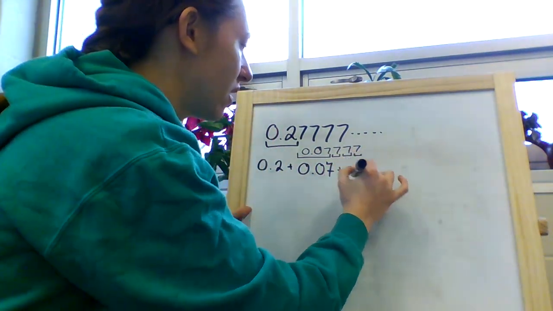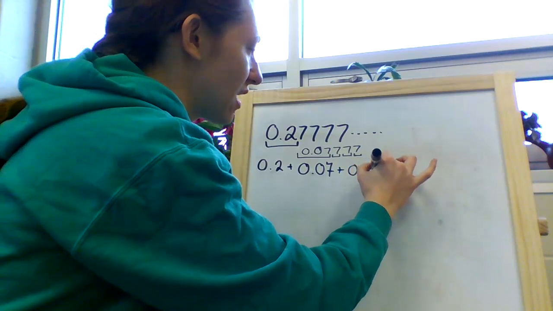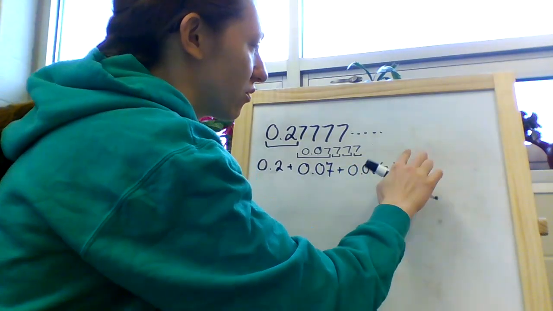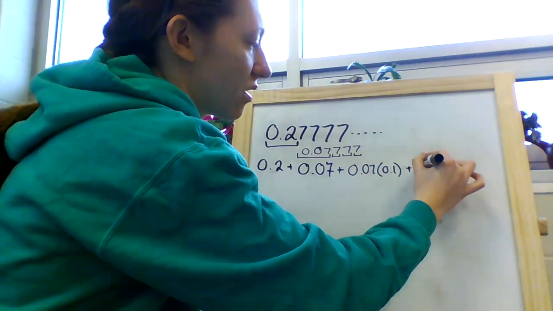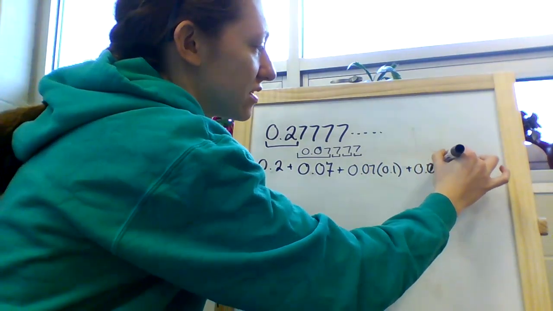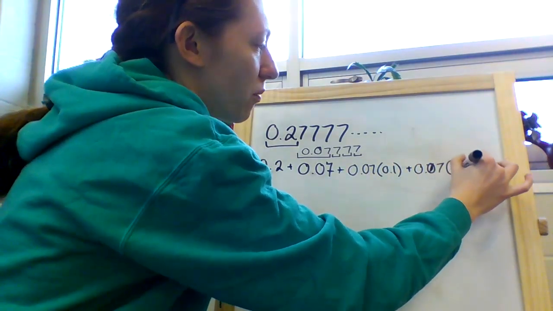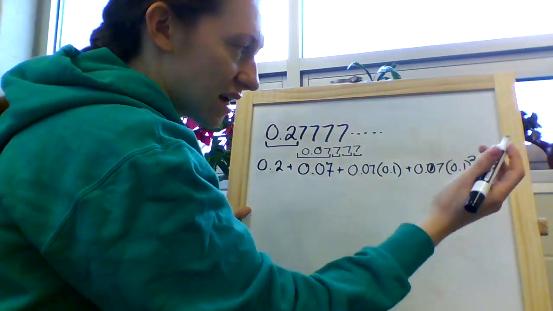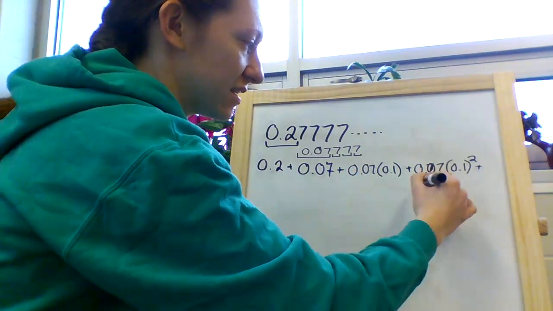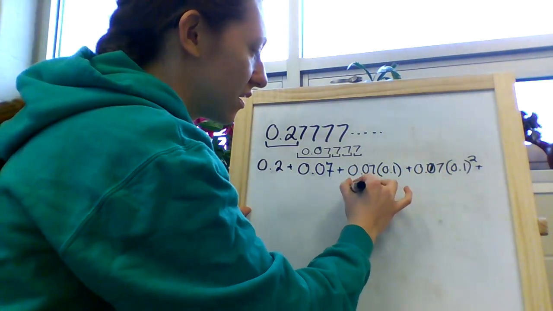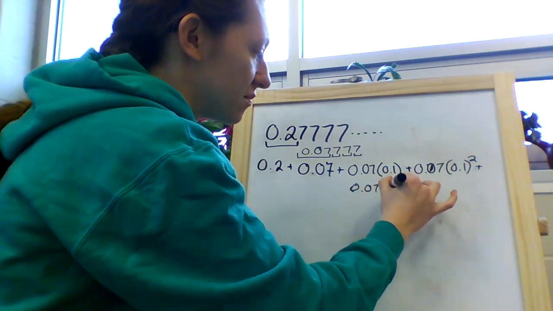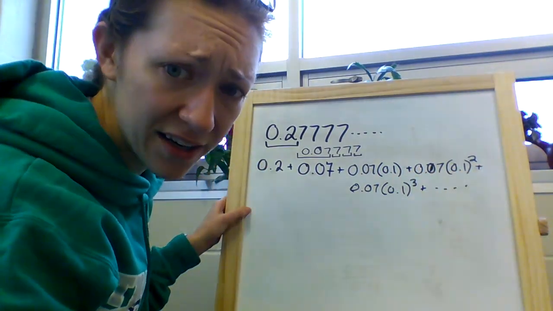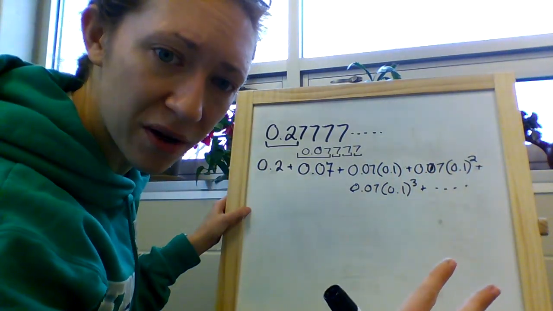All right, so 0.07 times 0.1 squared plus, just 0.1 to start off, 0.07 times 0.1 squared plus dot, dot, dot, so on and so forth, keep raising the exponent. So the next one is going to be 0.07 times 0.1 cubed. All right, so that gives us our little bit of the pattern.